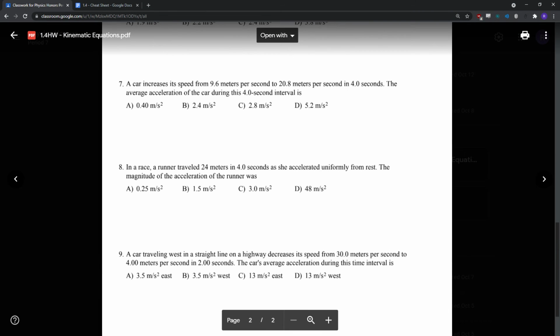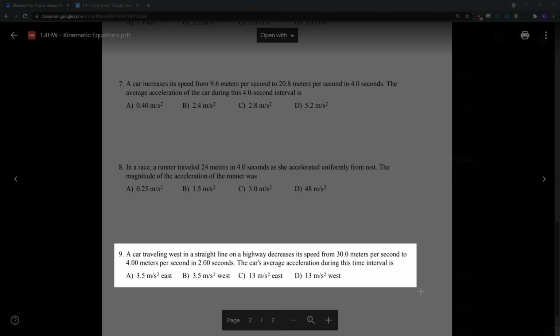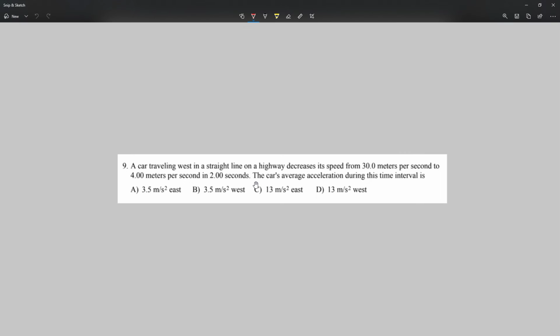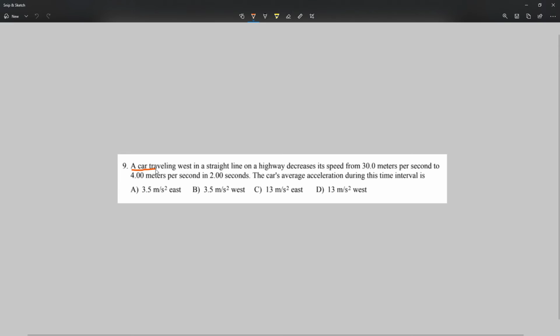And now, do number 9. We're going to do number 9 now. So, car traveling west. Again, this is important. Car traveling west. But let's deal with that later. Car traveling west decreases its speed from 30 meters per second to 4 meters per second.